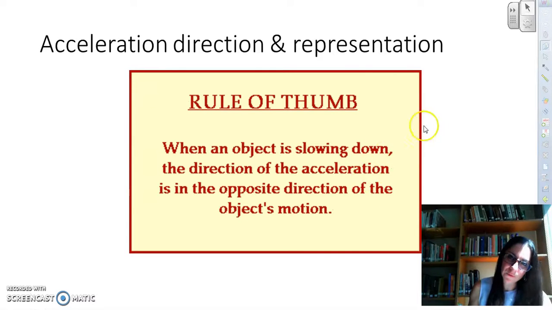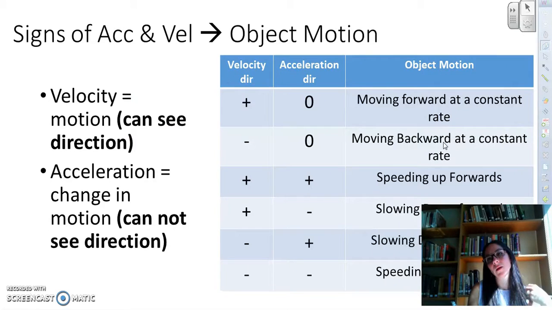So there are some rules, if you will. And here they are. If there's no acceleration, the object's not changing its motion, so it's moving at a constant rate. Positive means you're moving forward, and negative means you're moving backward. If both the acceleration and your motion are positive, then you're speeding up, moving forward.